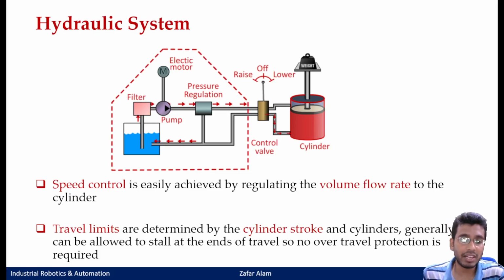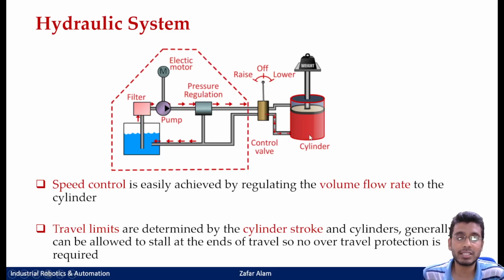Next, the travel limits. You don't have to worry about the travel limits here, as opposed to electrical systems. Why? Because the stroke length of the cylinder determines your travel limit.